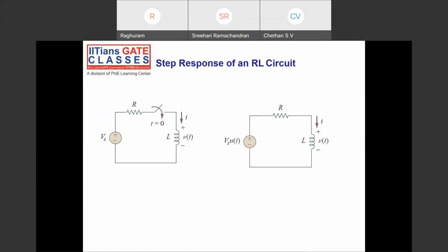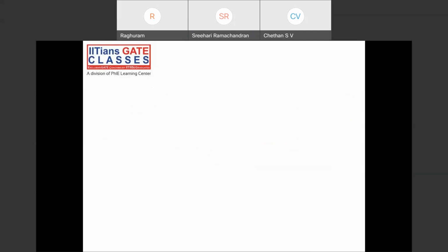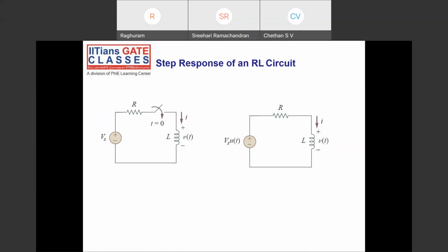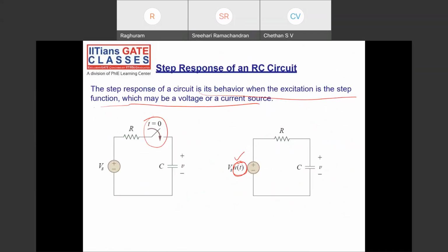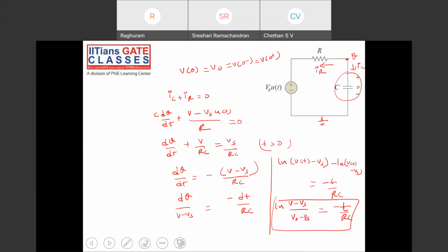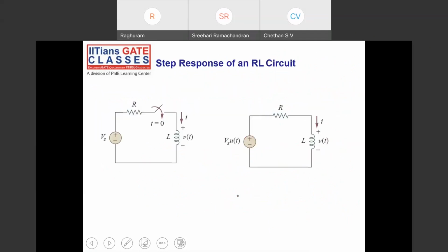Next, step response of an RL circuit. You can again analyze it, or there is one concept called the principle of duality, if you remember. Draw the dual of this circuit. In the last class, I told you how to draw the dual, right? If you draw the dual of this circuit, you'll get an RL circuit. You'll get a current source anyhow.